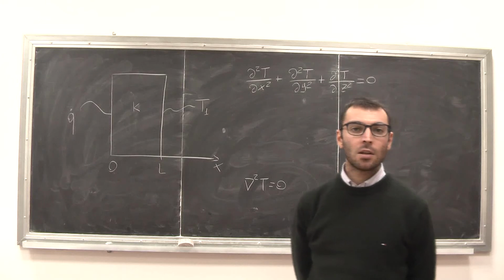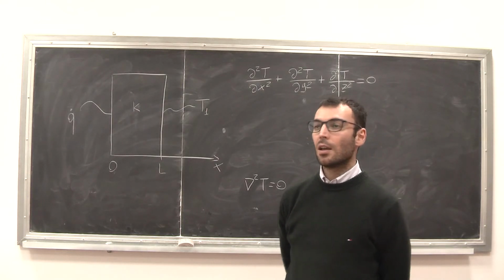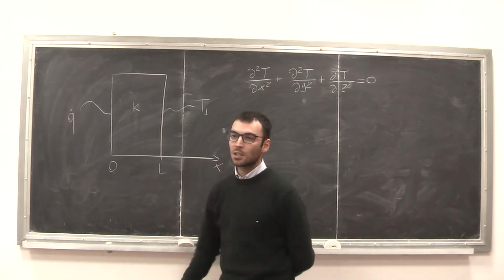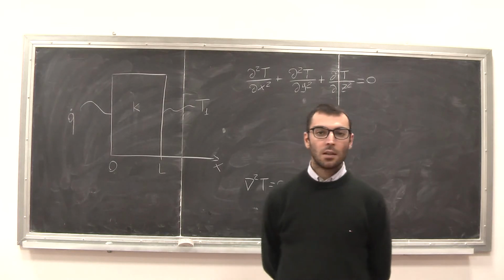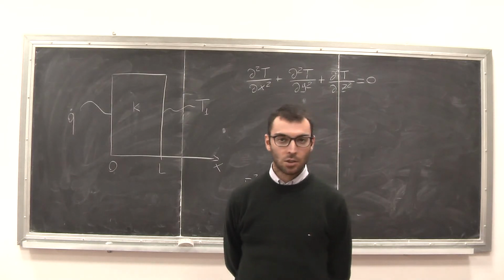But according to what we have previously said, in our case the thickness along x is much smaller with respect to the dimensions in the y and z direction. Therefore, we can assume our problem as one-dimensional, which means that we can neglect the derivatives along the y and z direction.